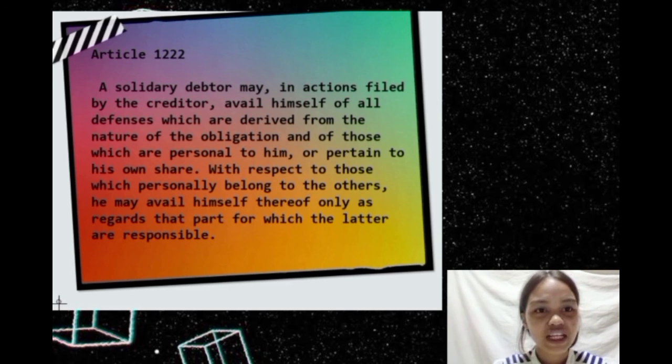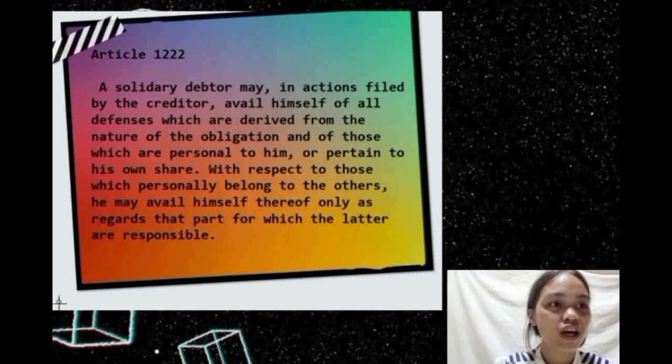Number three is defenses personal to other solidary debtors. In the two preceding examples, the defense of insanity or non-fulfillment of the suspensive condition is not available to Judd as to release him from his liability for his share in the obligation.